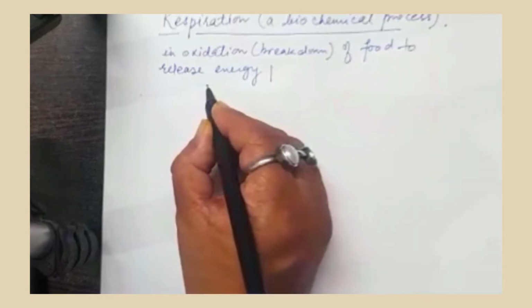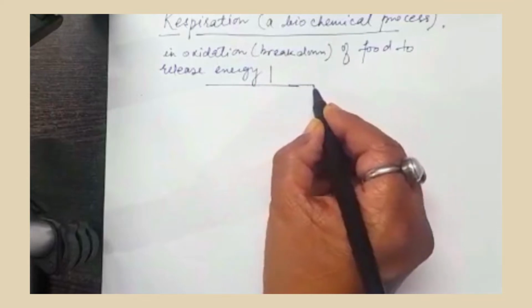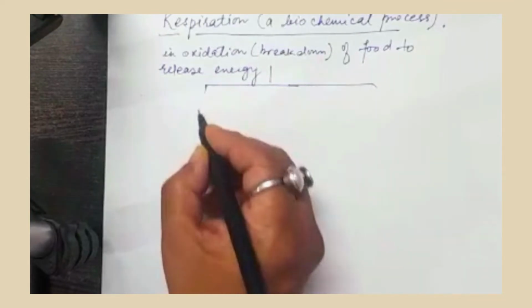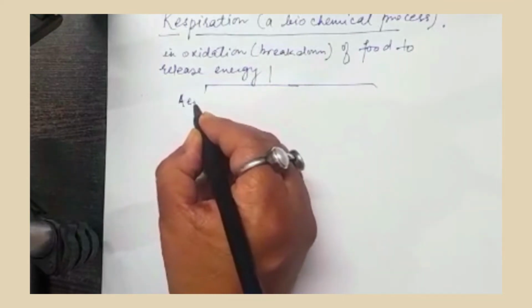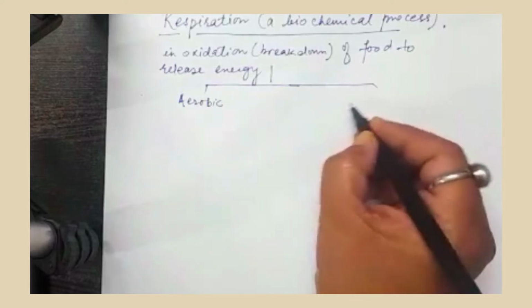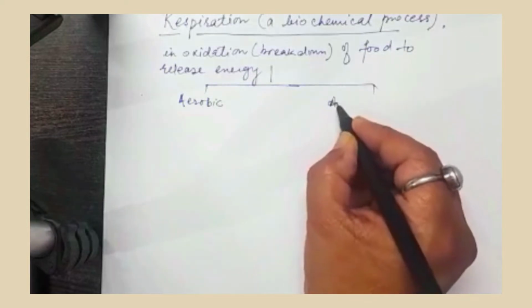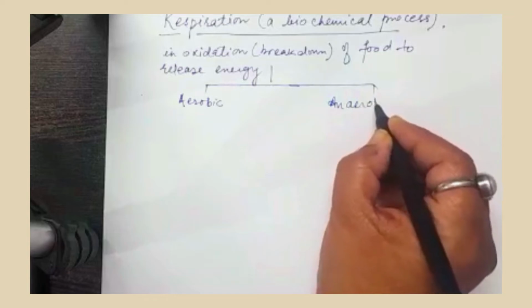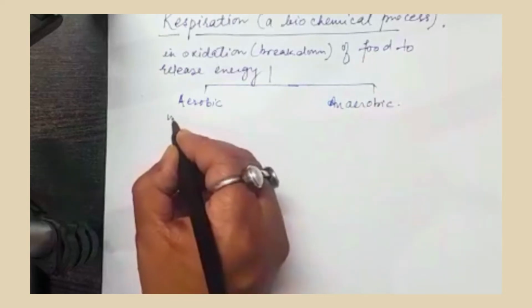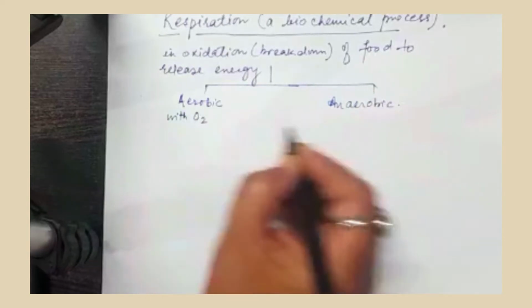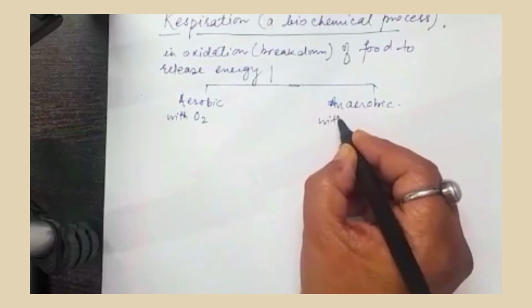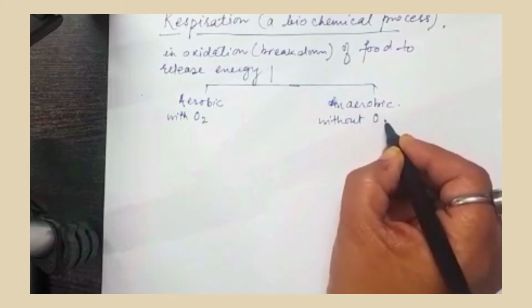This respiration is of two types. One is aerobic and another one is anaerobic. Aerobic is with oxygen and anaerobic is without oxygen.